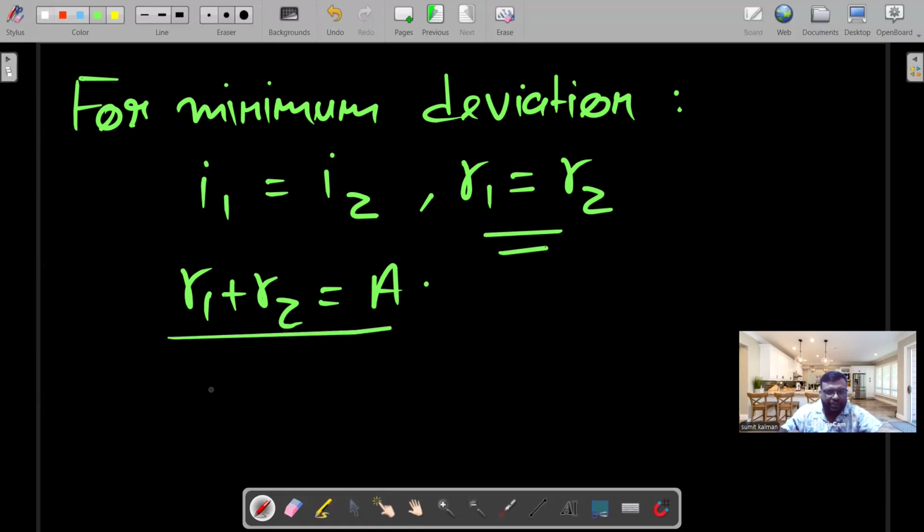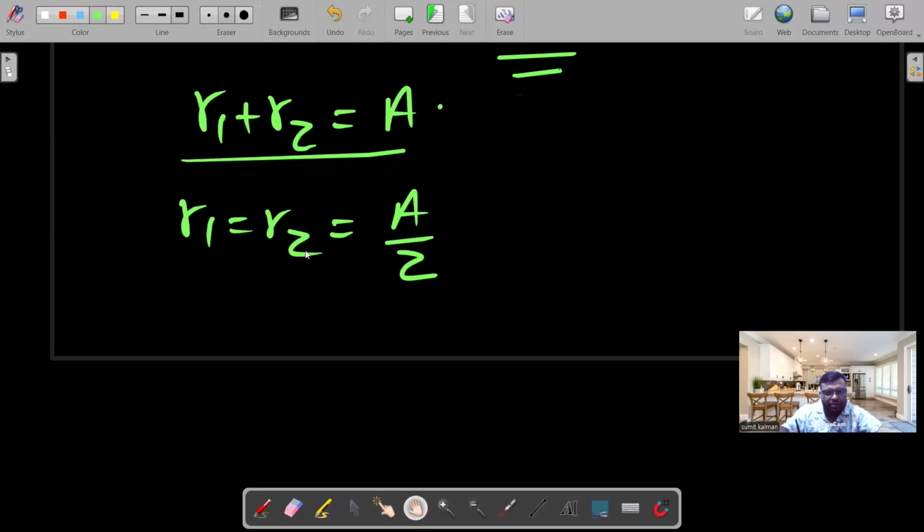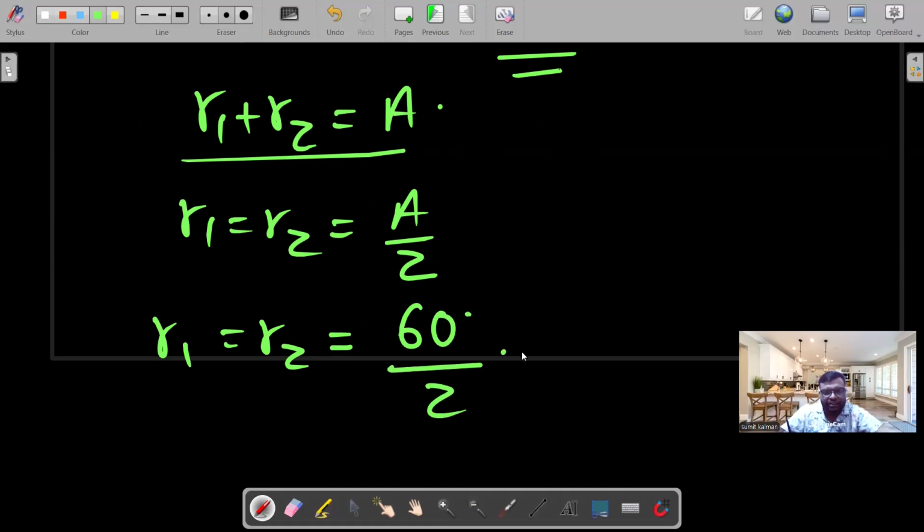So now here R1 is equal to R2 is equal to A by 2. Angle of prism is given and it is 60 degree by 2 is equal to 30 degree.